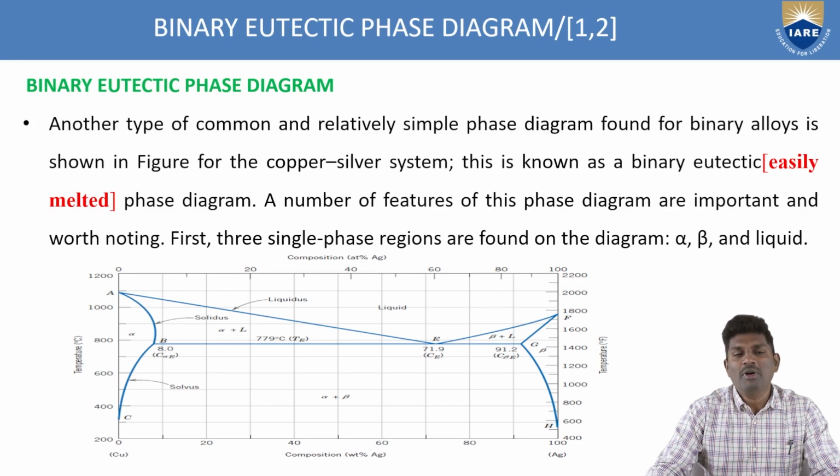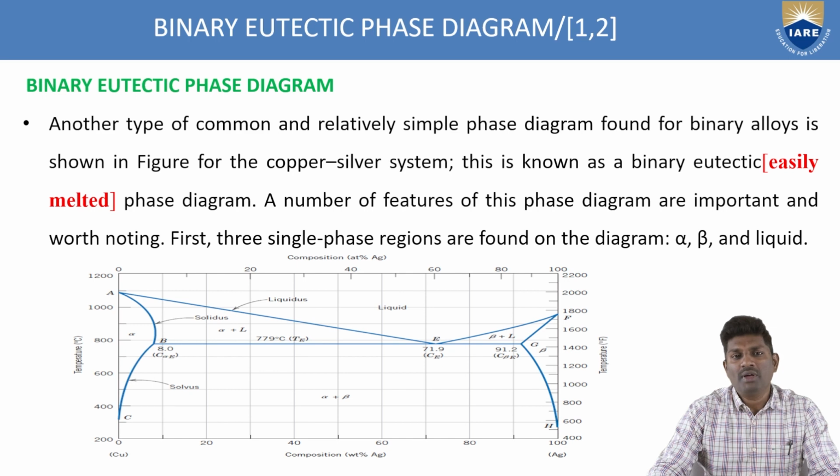We have seen the unary phase diagram as well as binary phase diagrams. Like this, in the binary eutectic also we have phase diagrams. So how do we draw the phase diagrams for these eutectic types of systems?